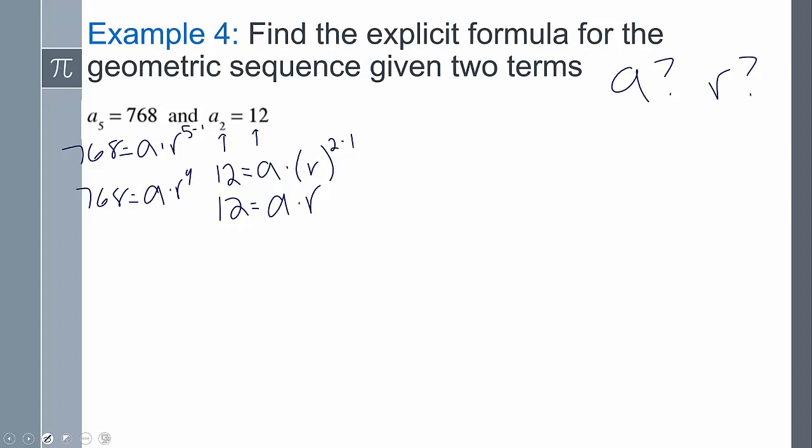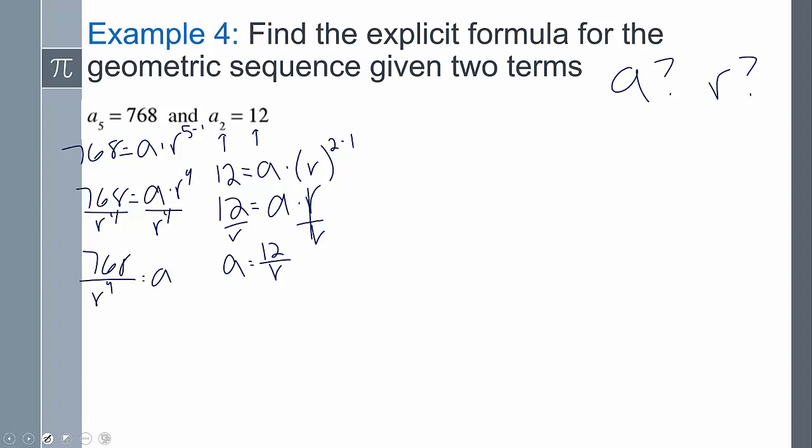Now, if you notice in both of these equations, I can get a by itself really easy. If I divide both sides by r here, I'm going to get a equals 12 over r. On this side, I can go ahead and divide by r to the 4th, and so I'm going to get 768 over r to the 4th equals a.